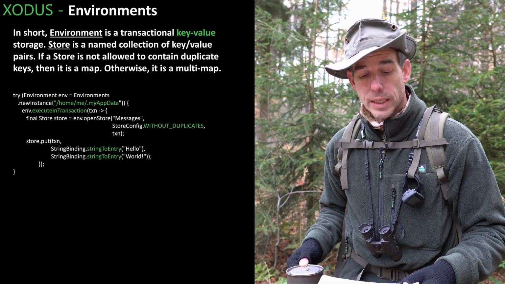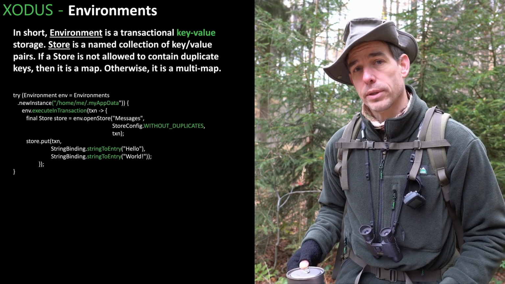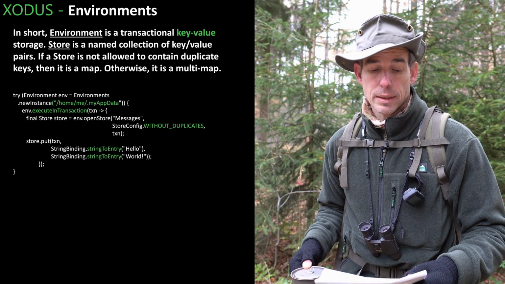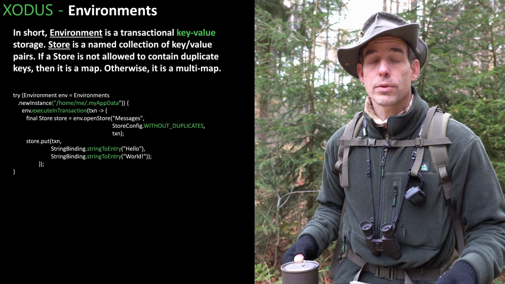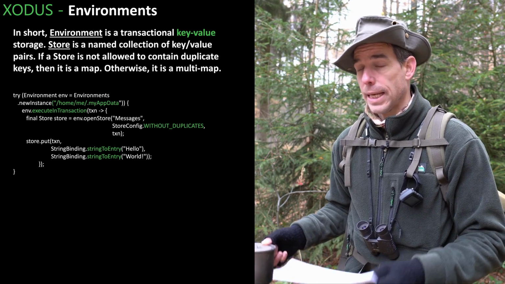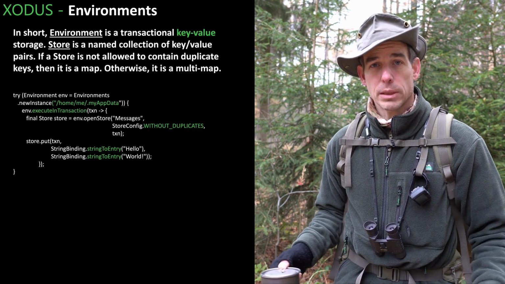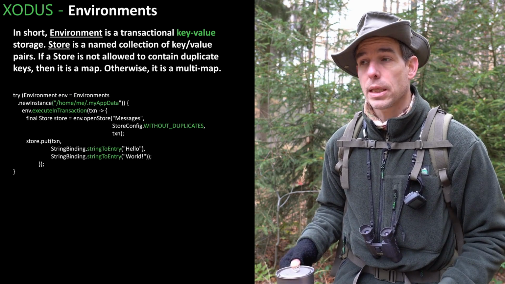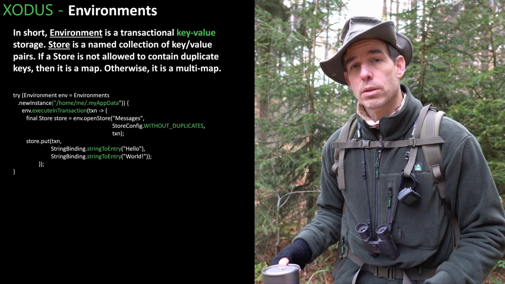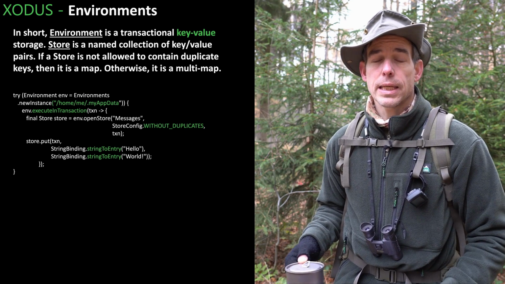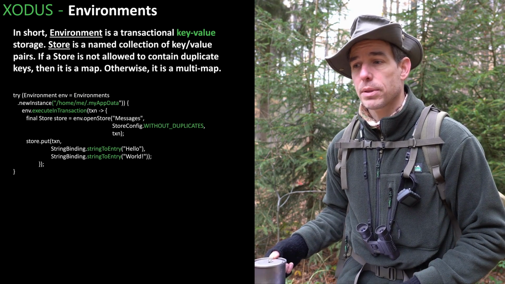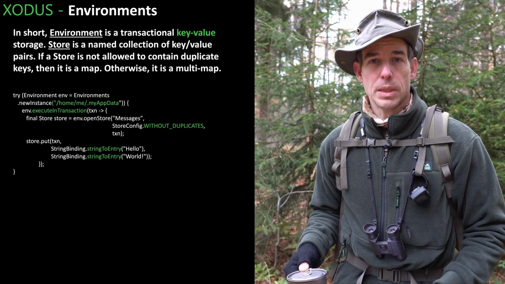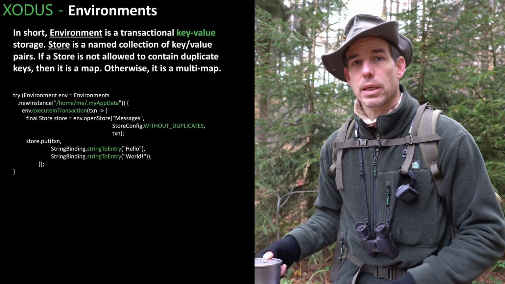So you have this execute in transaction. You will get this transaction entity that you're using for different commands, and then you are opening a store. A store will have a name, so you can have multiple stores. You have to give them names, and then you have to decide if this store is with duplicates or without duplicates. It's more or less like Chronicle Map, where you have a map with a name A or B, or with MapDB it's the same, or with others.